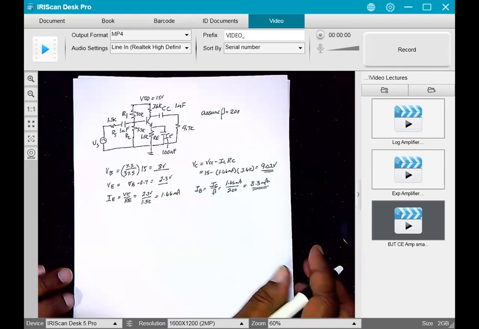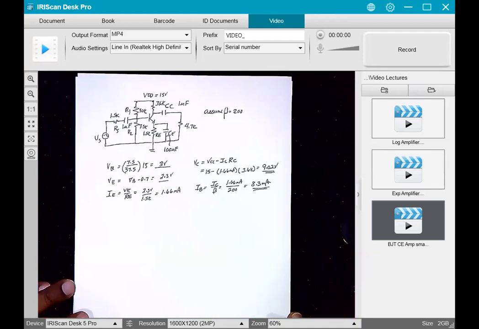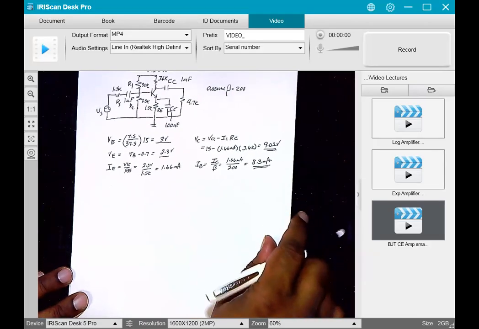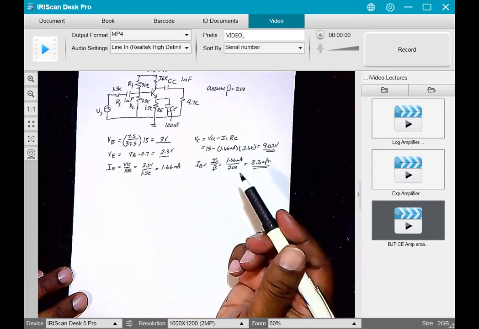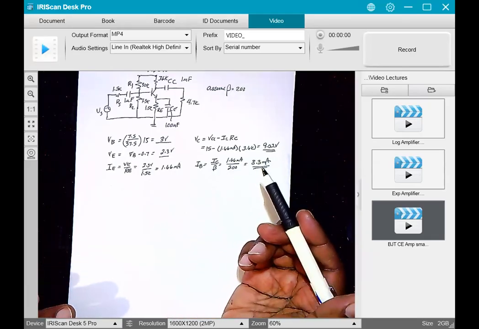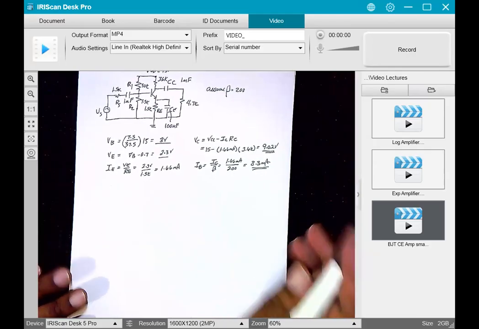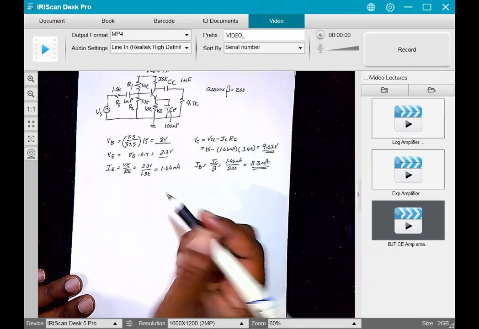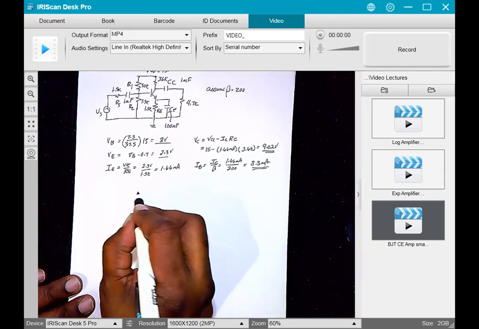So since we're here, let's start a small signal model first. We always have to calculate some of these currents because we need the currents to get our gm or little re, whichever we want to use in the equation. So now we have our small signal model.